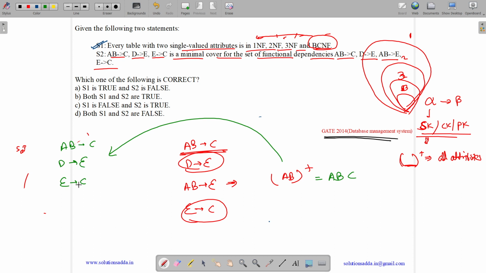Now E can determine C, but we don't have E. D can determine E, but we don't have D. So AB closure equals ABC. But we do not have AB determines E, as we do not have E in the closure. So this FD is not present in the minimal cover. So it is not a minimal cover. S2 is false. So the correct answer is S1 is true but S2 is false. Option A.